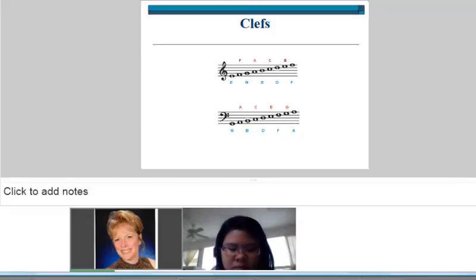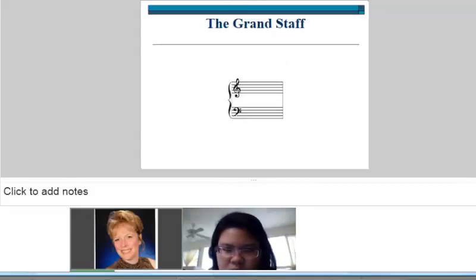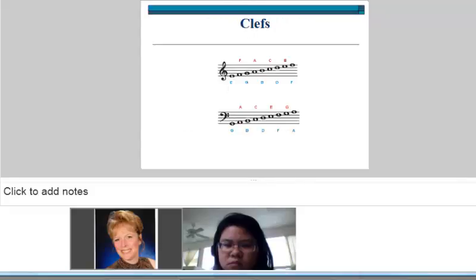Yes. If you can imagine, when you have the grand staff, what you have in the middle would be a middle C and only one line. So that takes you through the width of the piano. And the middle C would be the middle, and everything to the right would be the top or the treble clef, and the bottom from the left from the middle is the bass clef. And we have E as the bottom note on the treble clef and G as the bottom note on the bass clef.